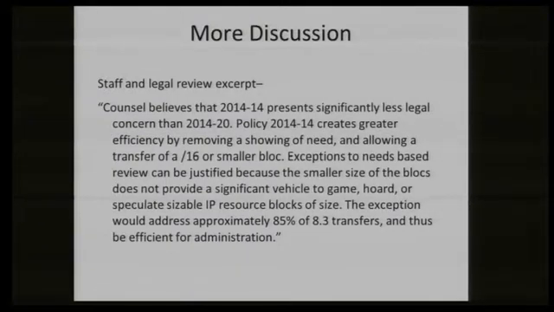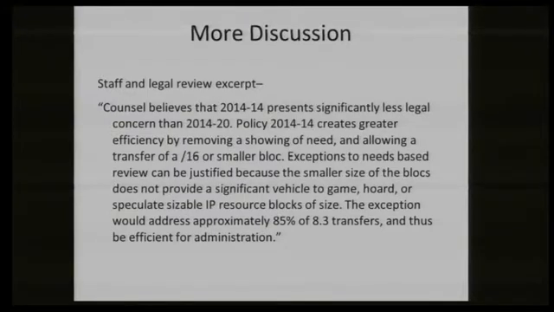This also is included in your program. The reason I put it in is that according to ARIN staff, an exception at the /16 boundary and below would affect a reduction in the number of transfers of approximately 85%. There are two numbers associated with this phenomenon, and I'll be talking about this in a minute.